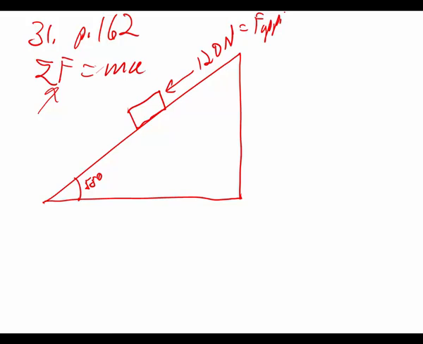All right? Now, so let's do down. We're going to do down first. We've got our normal force. We've got this, but now wait a minute, it's at an angle. Which way does gravity pull? Does the gravity pull in an angle or straight down? Straight down.